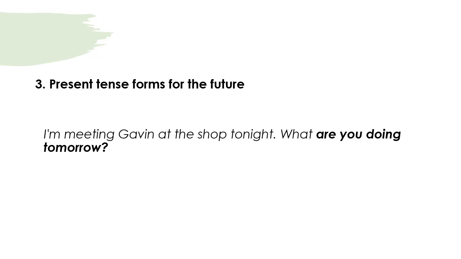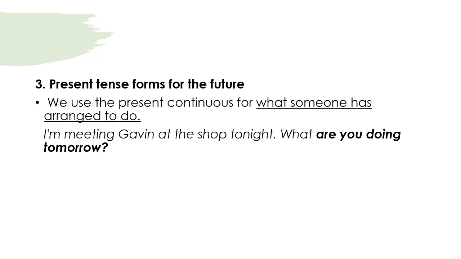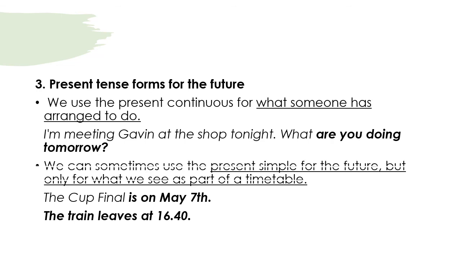Now we can also use present tense forms for the future. For example, I'm meeting Gavin at the shop tonight. What are you doing tomorrow? We use the present continuous for what someone has arranged to do, and we use the simple present to talk about the future, but only for what we see as part of a timetable.